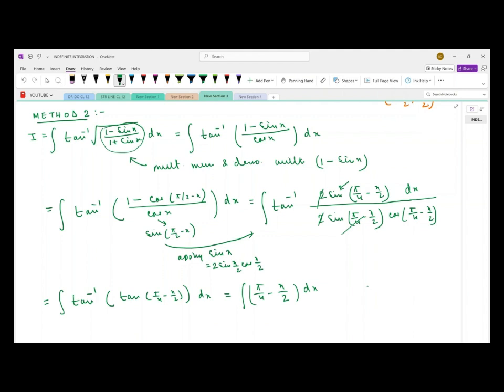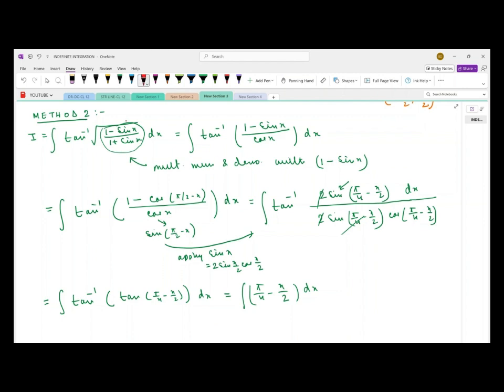Now here, one thing you should note is this step, from here to here. You don't have to mention this in the exam, but you must note it.